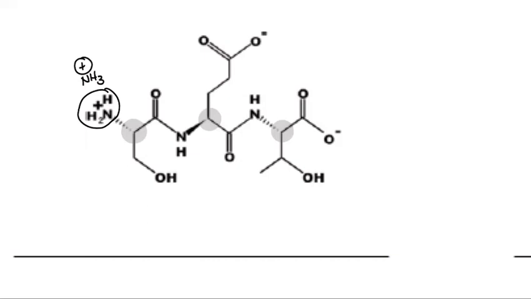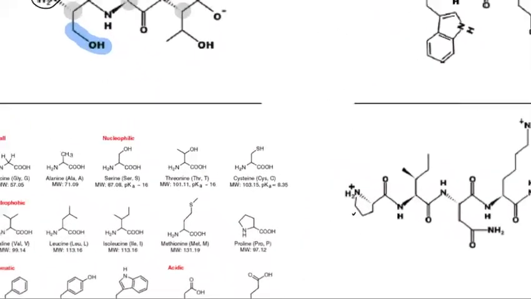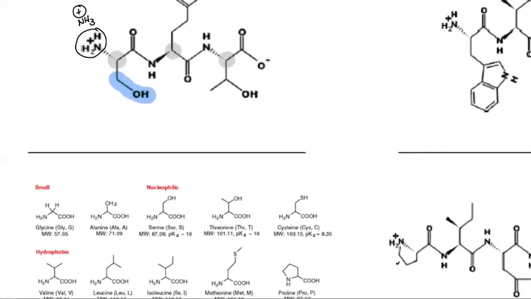So what are my amino acids? Here we have a CH2OH. If I go to my list, CH2OH is serine. The 1-letter code is S.